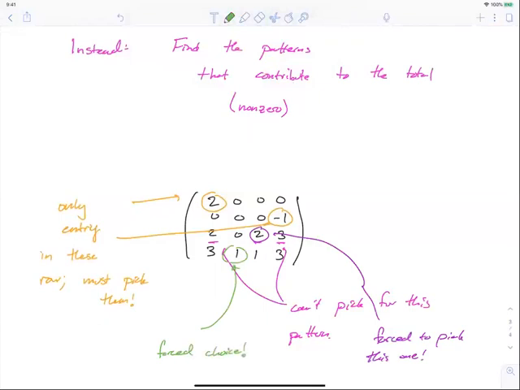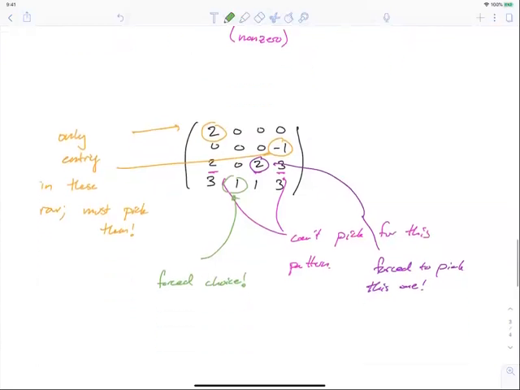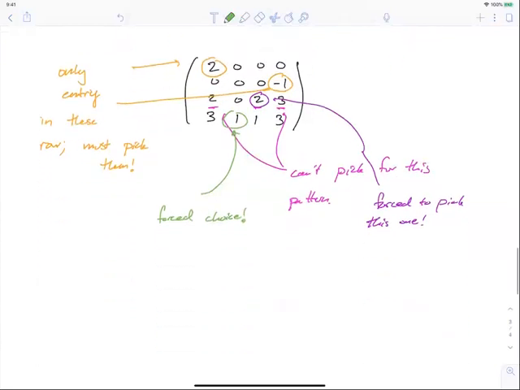All right. So what we've deduced is that for this particular 4x4, there's exactly one pattern that's going to contribute to the total. No matter how hard we try, even if we listed them all out, there's going to be only one out of the 24 patterns that's going to contribute to the total. And we can then use that to calculate the determinant.